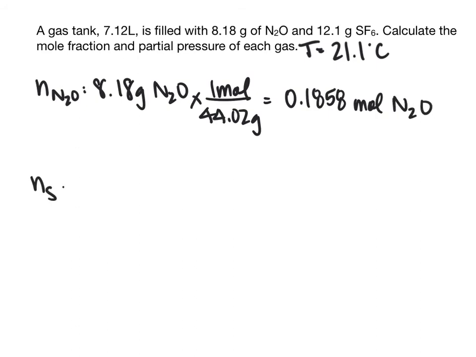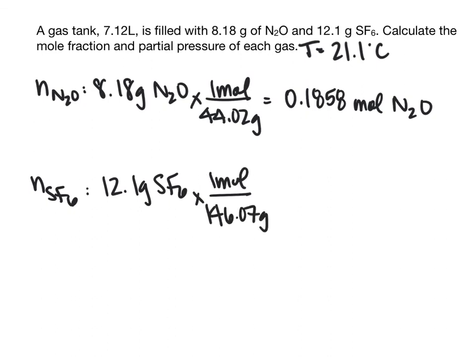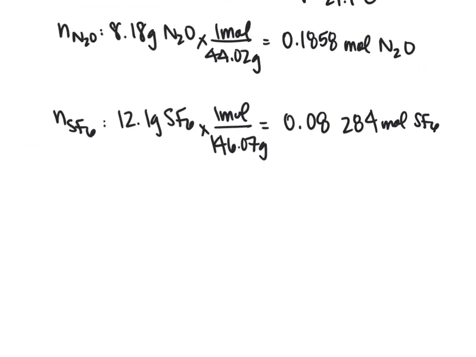The n of SF6 is going to be 12.1 grams of SF6 divided by the molecular weight of 146.07 grams in 1 mole, which gives you 0.08284 moles of SF6.